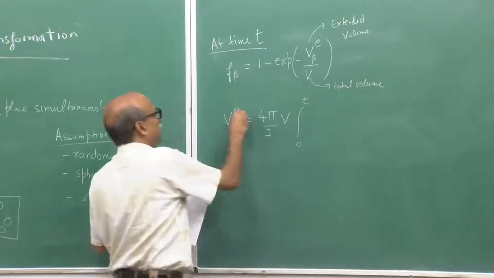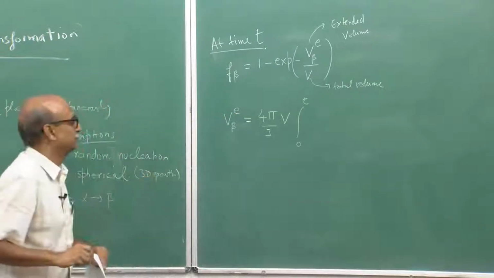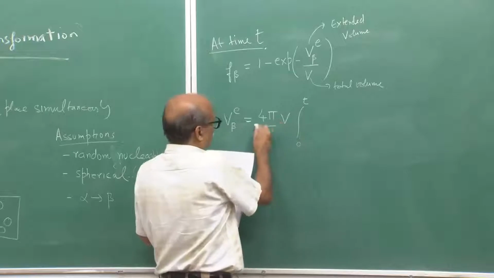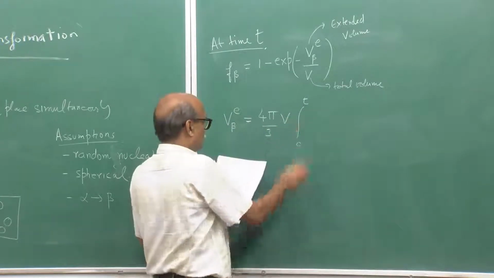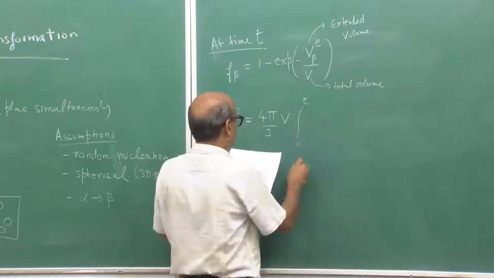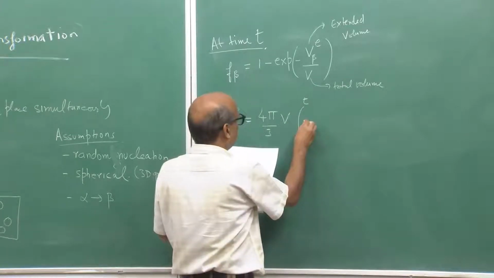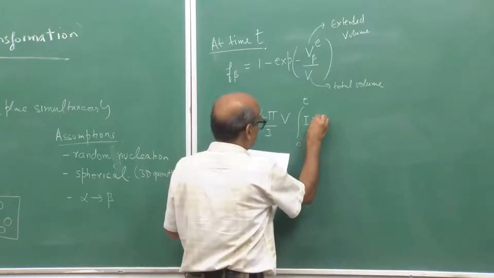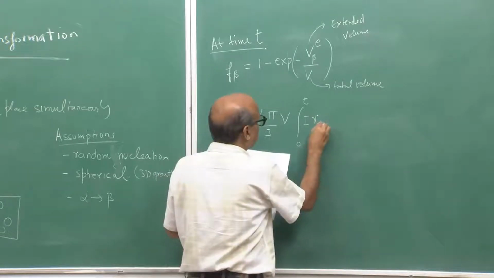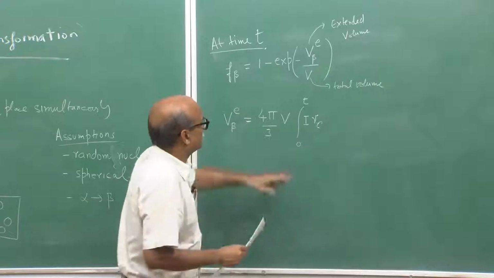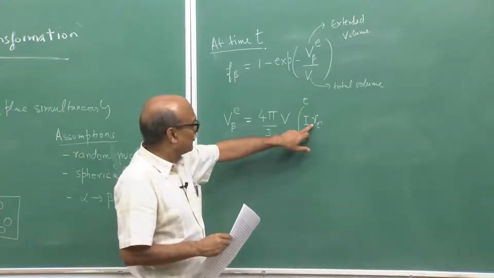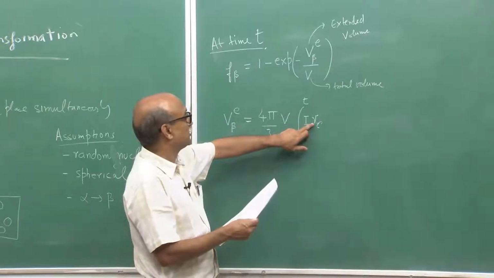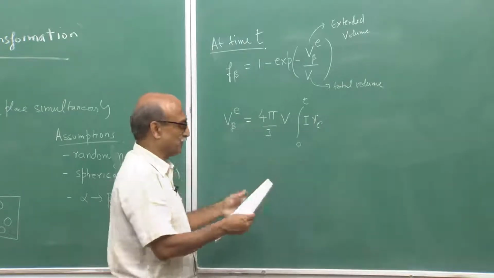So, V beta E is the extended volume of beta at time t, which is equal to 4 pi by 3 times the total volume and an integral term which integrates from 0 to t, the nucleation rate I multiplied by the size of the beta precipitate that is formed, r tau, which means the size of the beta precipitate formed at time tau.